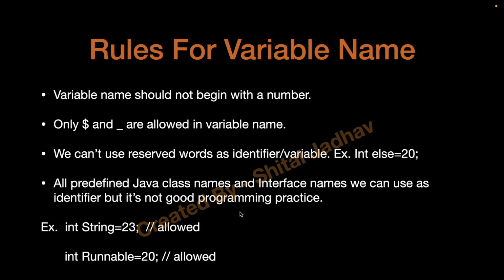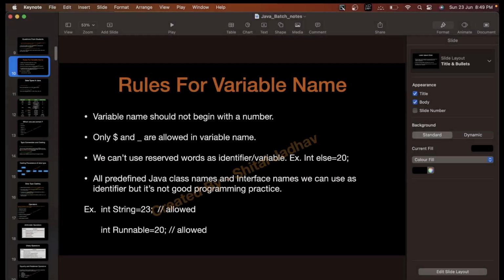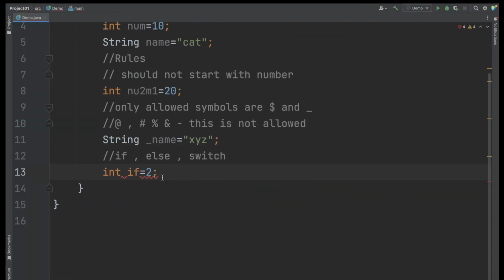Now the fourth rule is that all predefined Java class names and interface names we can use as an identifier or variable name, but it's not good programming practice. Meaning, if I go to IntelliJ and try to use an inbuilt class as a variable name.